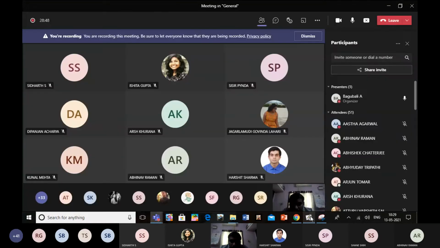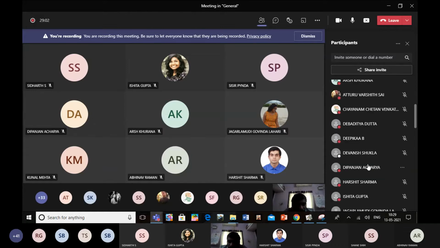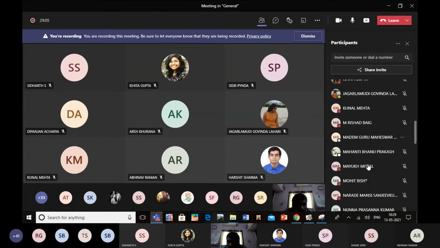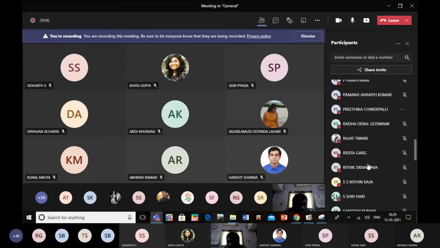Always Sisir and Harshit are saying the answer. Abhinav, Gunal, Deeparanjan, Siddharth, Srirag, say the answer.